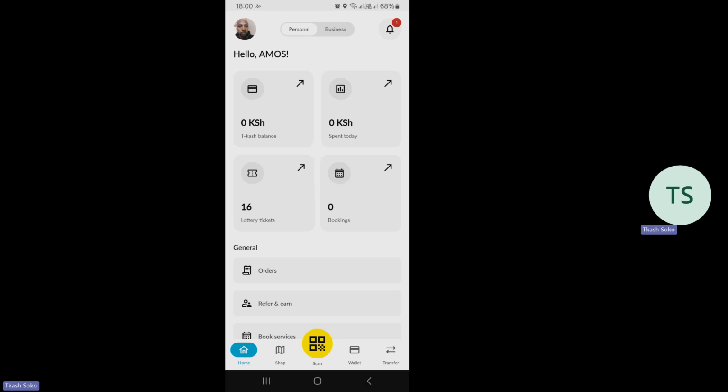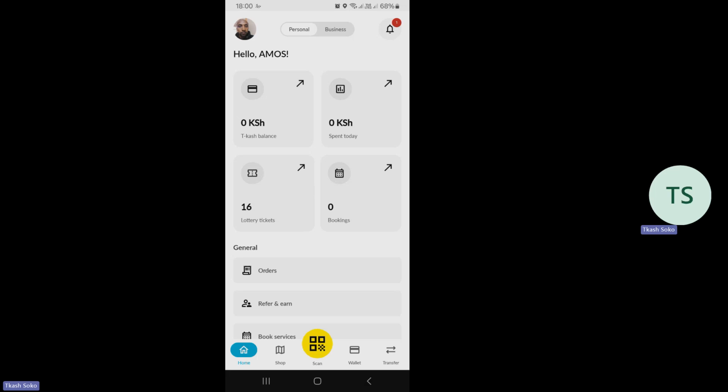So allow me now to show you where the credit score of each and every customer will be, and also your credit score as a business person. So itakuanga hapa kwa personal. Ukienda pale kwa, there is the icon at the top left hand side that has my profile picture. I sometimes refer to it as the profile picture icon.